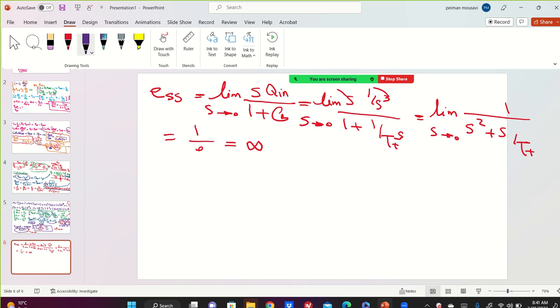Being said, if I want to plot this, Q in, Q out.